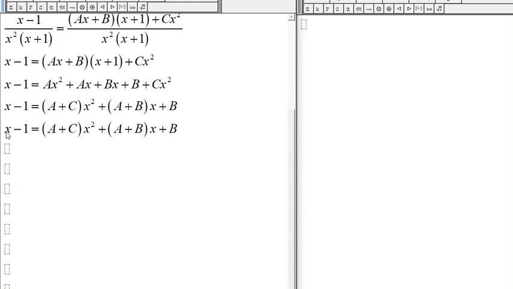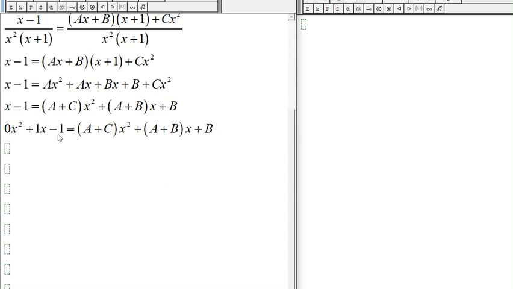And then the left side is the same as 0x squared plus 1x minus 1. And so the 0x squared has to match with the (A plus C) x squared. The coefficient of x on the left side must match with the coefficient of x on the right side.